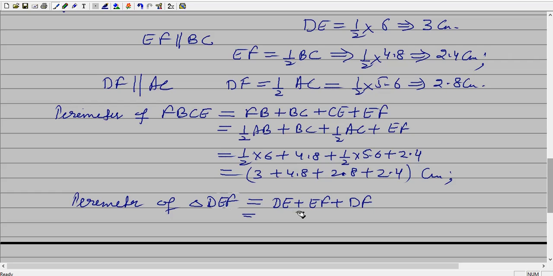Now DE you know is 3 centimeter, EF you know is 2.4 centimeter, and DF you know is 2.8 centimeter. So add all these three and you will get the answer.